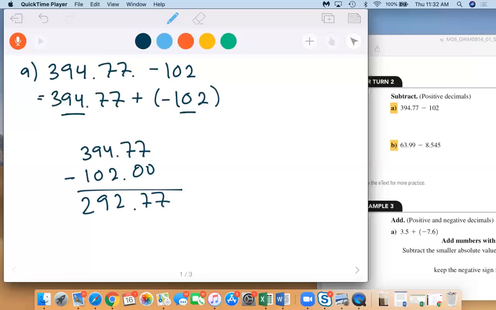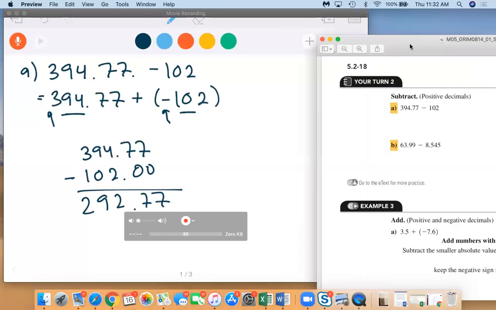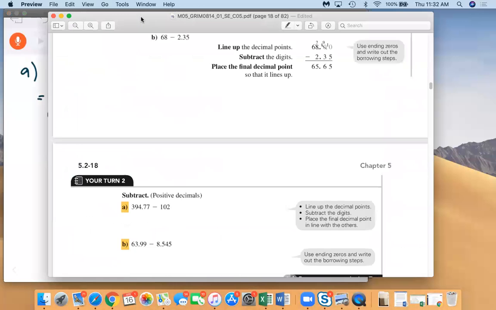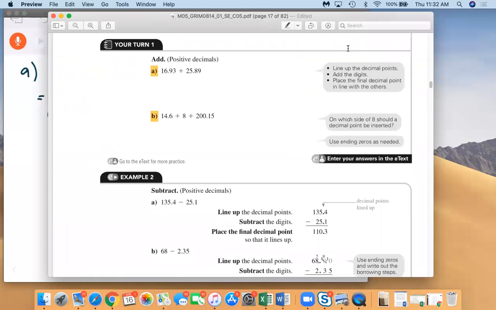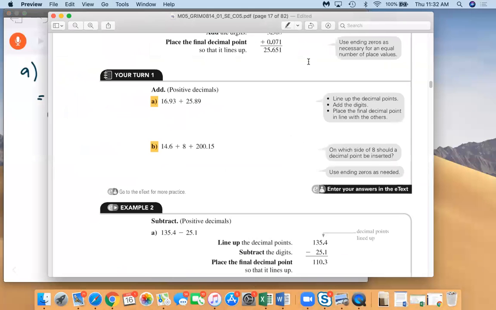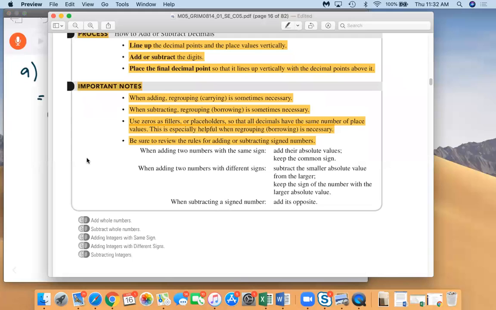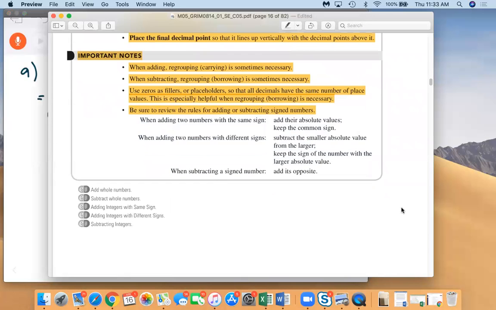Now, this is negative and this is positive. That means we keep the sign of the bigger absolute value. If you don't remember this, this is what we just mentioned up in the important notes, right up here. So if you kind of forgot this, make sure to review this, okay? And if you have a hard time with it, check it in your calculator.